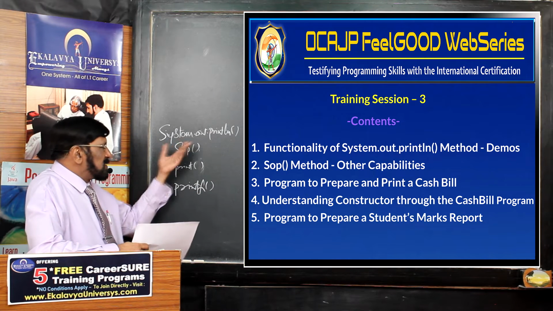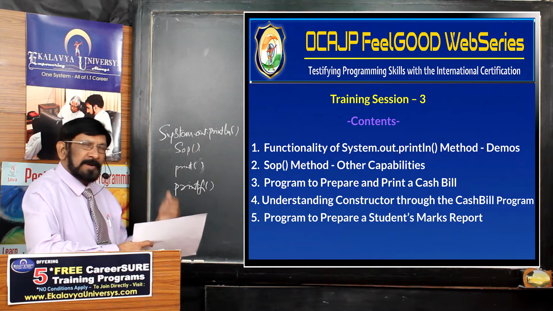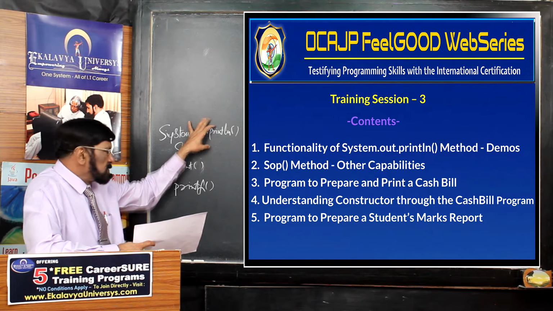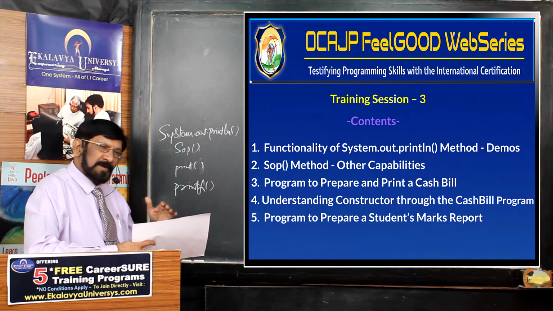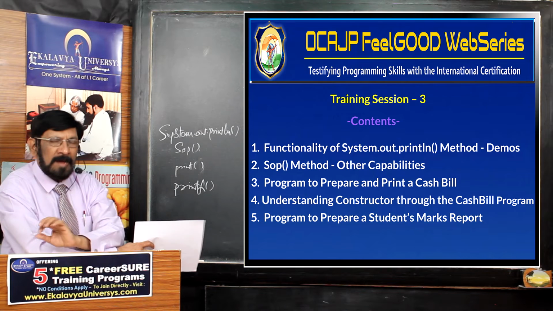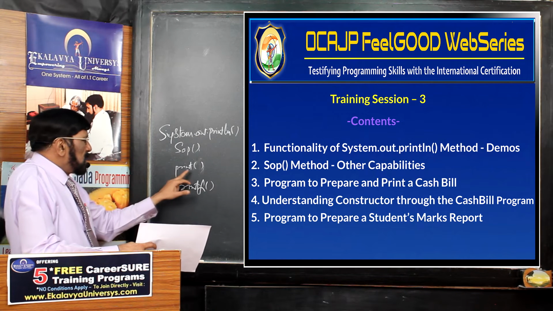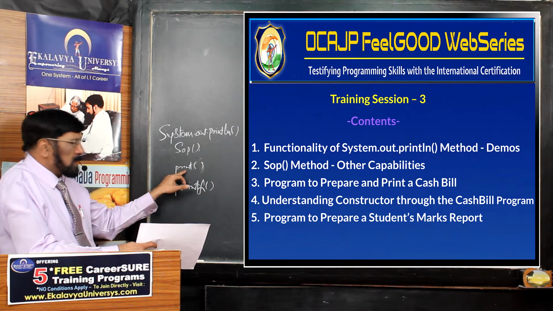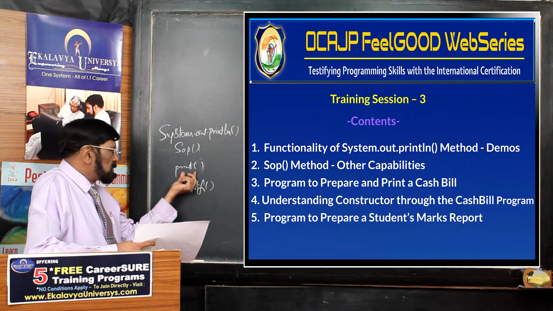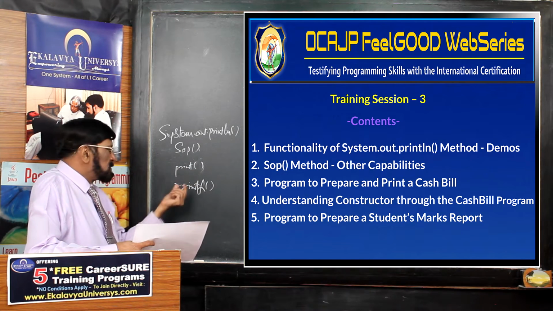Actually, why it is made so complicated here is that Java is a true object-oriented programming language. As far as Python is concerned, it supports function orientation as well as object orientation. Because of its support for function orientation, we just write an output function. So it is very simple.